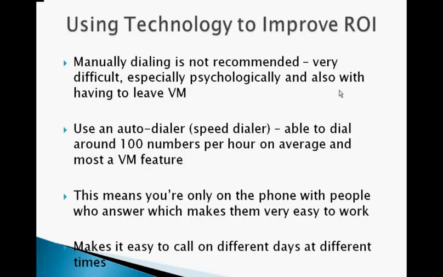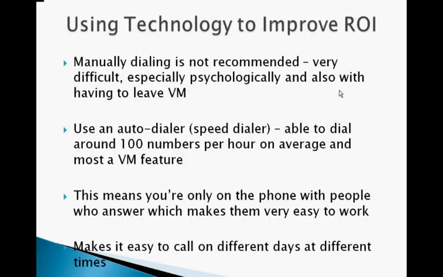So you can say, my name's John Smith from the John Smith Agency, the reason I'm calling you is blah, blah, blah, and leave. But that's done automatically while it continues to dial other numbers. So the only time you're actually on the phone with somebody is when they answer on the other end, and that's a very easy way to work them.